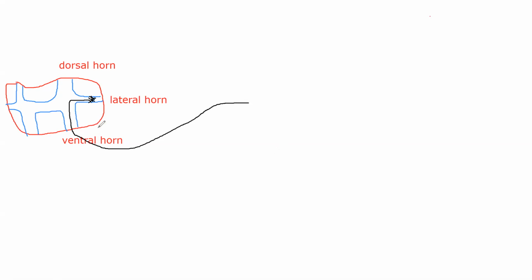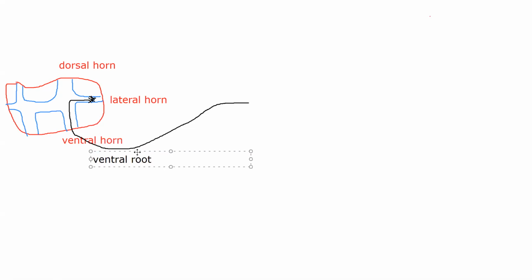So we want to point out that we have our ventral root, which is where these fibers leave the spinal cord. So I'll make a note here. This is the ventral root of the spinal cord.